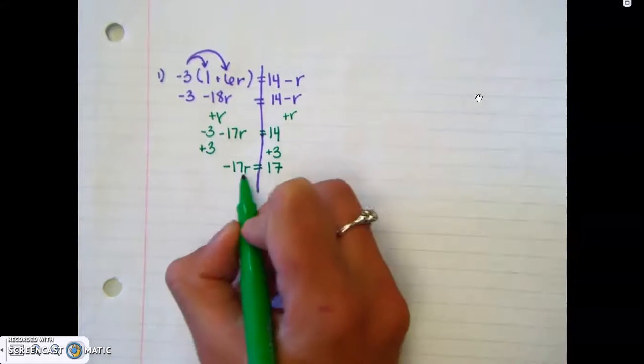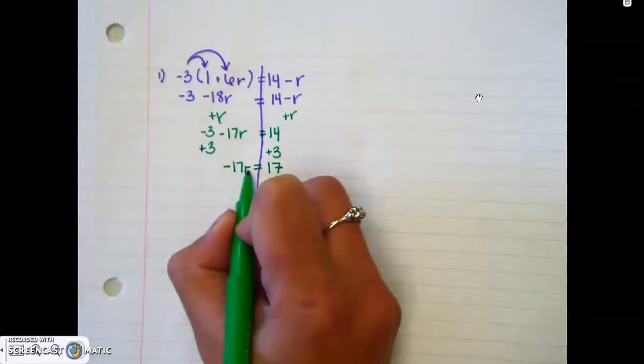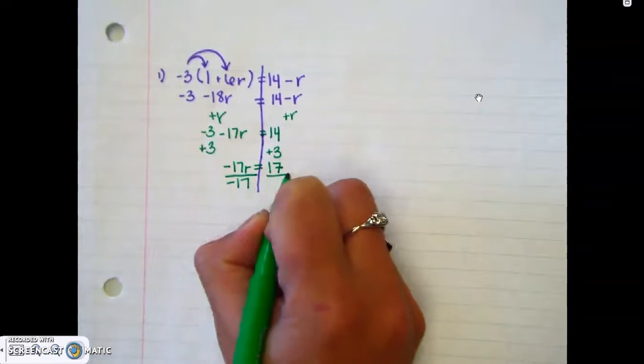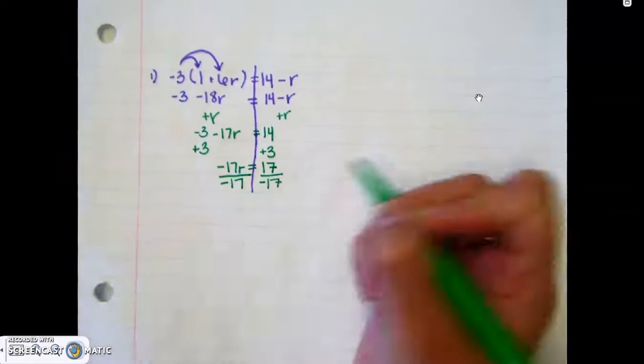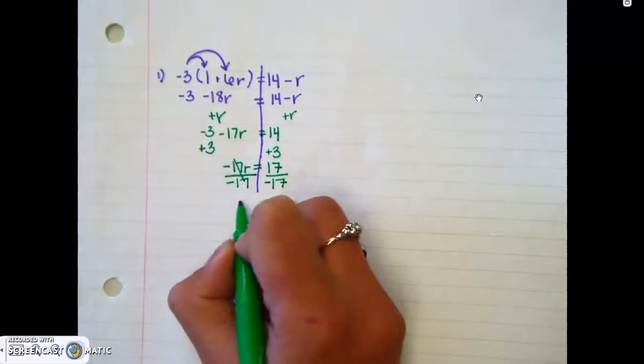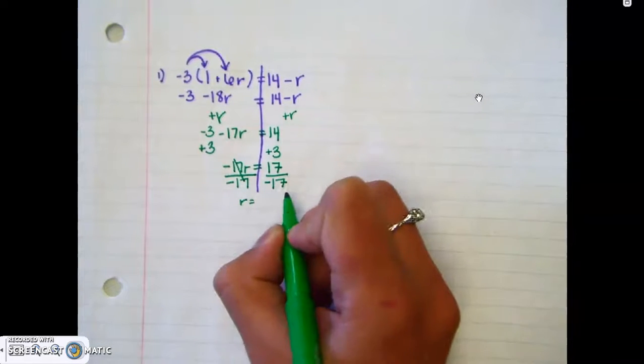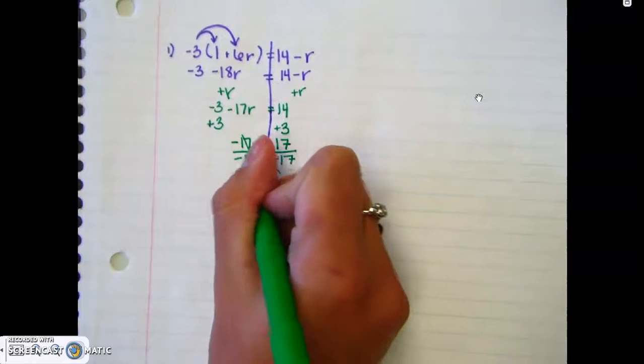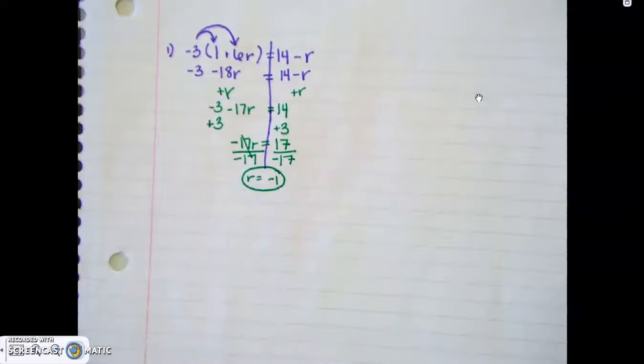And then my last step is to get that r by itself, and those are held together by multiplication, so I undo it with division. So r is equal to 17 divided by -17, which is -1. Okay? So that would be how to solve an equation with variables on both sides and with distribution in it.